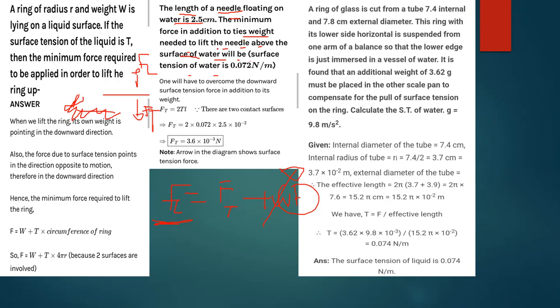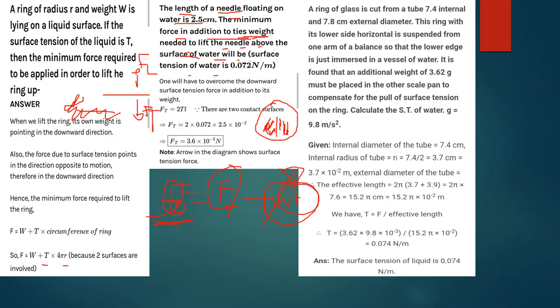So when the question says minimum force in addition to its weight, it means the surface tension force that you add to the weight to get the lifting force. So they are looking for the force of surface tension. The force of surface tension is equal to surface tension times effective length. So the effective length in this case, as the needle sits on the surface, there will be this side of the needle and this side of the needle, with a film of water.